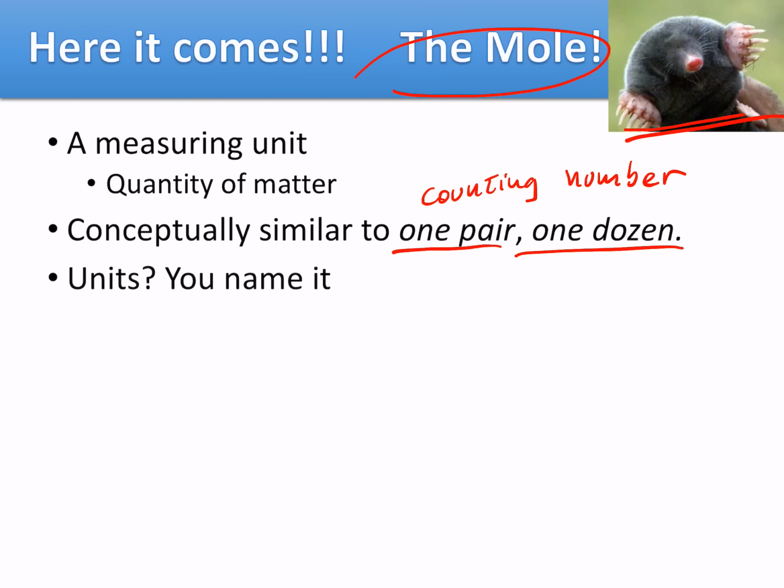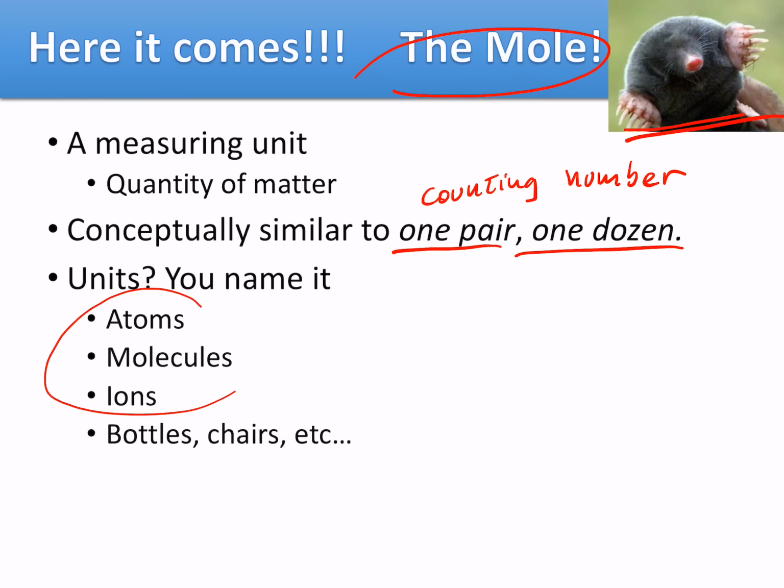You name it. It's whatever you think, whatever comes to mind actually. However, this is a chemistry class, so we'll be thinking more in terms of atoms, molecules, and ions, but technically you can use the mole concept for everything. Okay, bottles, chairs, balls, you name it. So if we refer to the mole as a counting number, well, what is the number?